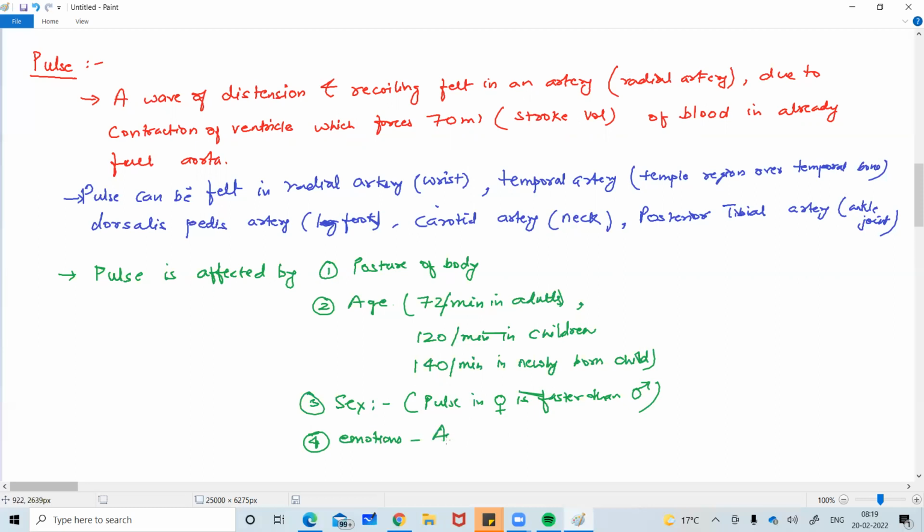Emotions such as anxiety, fear, anger, happiness. So if you check your pulse in all these different physical situations, you will find that your pulse value is also changing. It's not constant. So that's it for today.